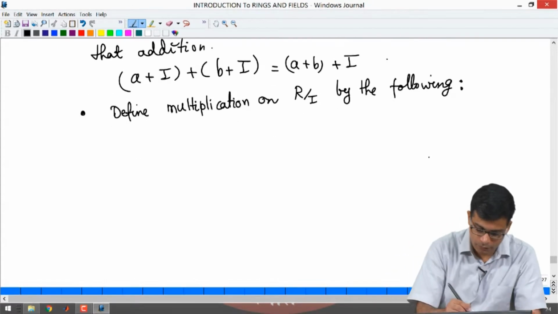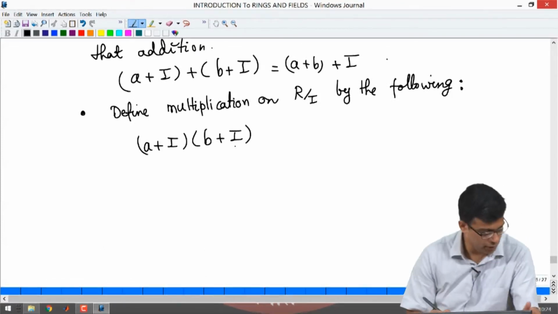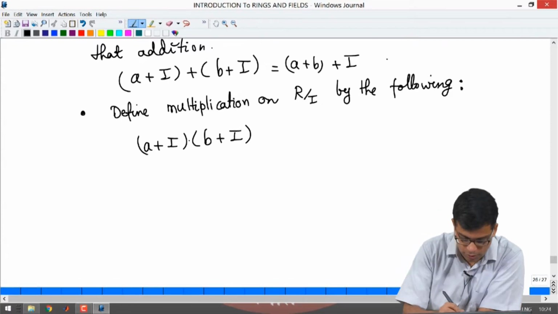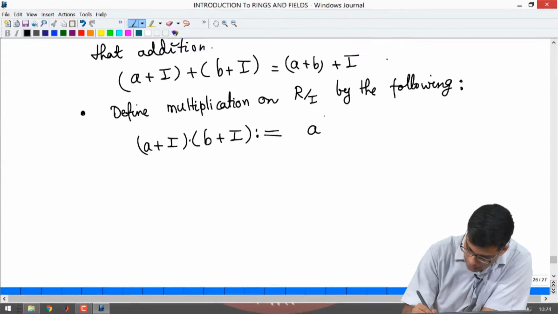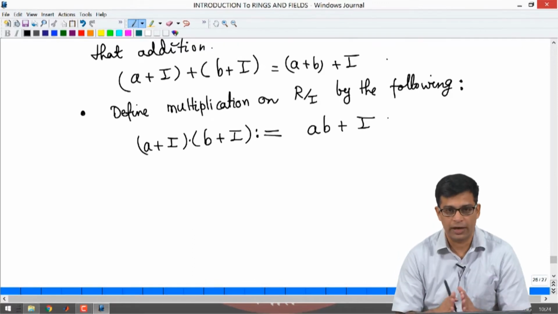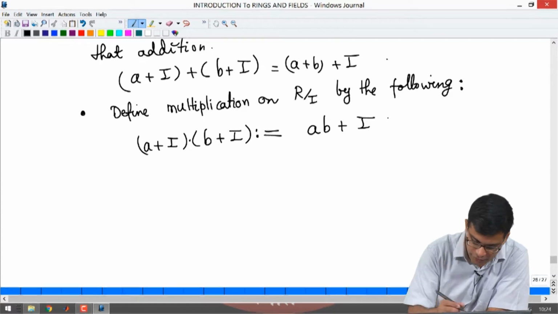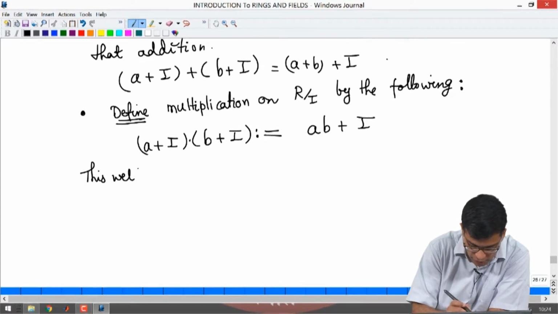I take a plus I and I take b plus I. There is one natural thing to do here. I take one coset a plus I, another coset b plus I, and I define the product to be ab plus I. Okay. So, this is natural to do. Still we have to check various things. We have to check first of all that it is well defined. So, this is my definition. This is well defined. We need to check that. Why?